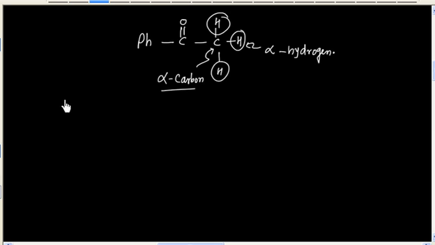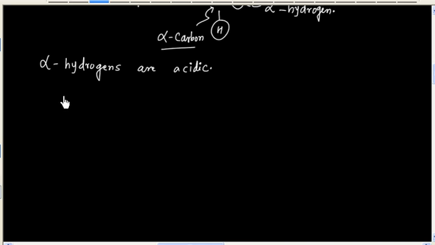We know alpha hydrogens are acidic. So in the first step of mechanism, we have acid-base reaction.